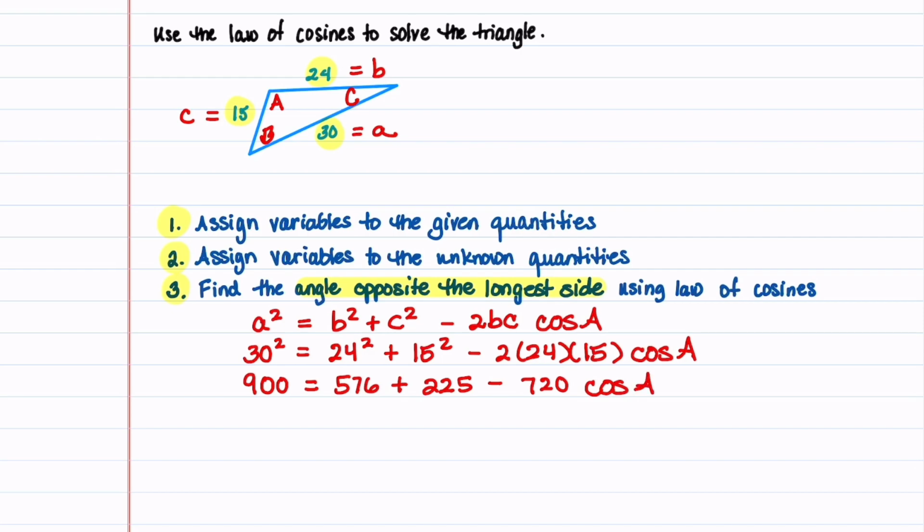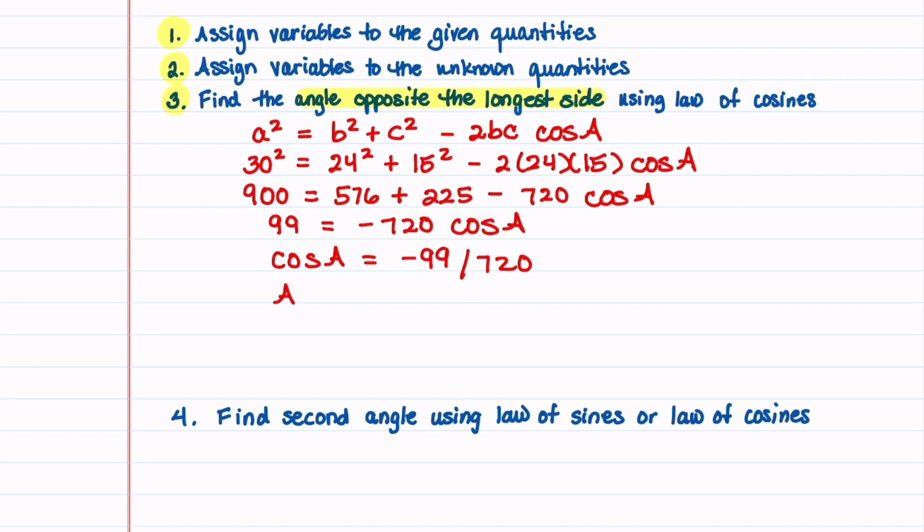900 minus 576 minus 225 is equal to 99. And our right-hand side is minus 720 cosine A. This gives us cosine of A is minus 99 over 720.